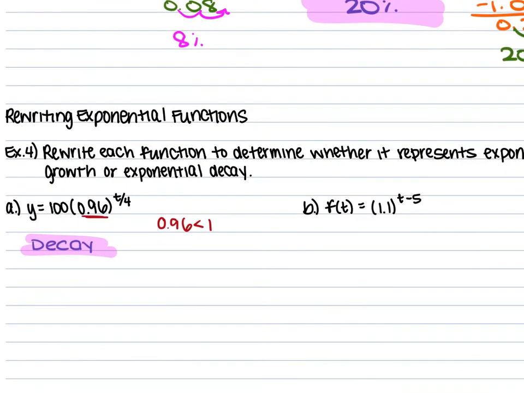For example B, we have f of t is equal to 1.1 to the power of t minus 5. Again, we're not worrying about that t minus 5. The only thing we're worrying about is that number that's inside the parentheses. So that 1.1 is greater than 1. So this gives us that it's a growth.